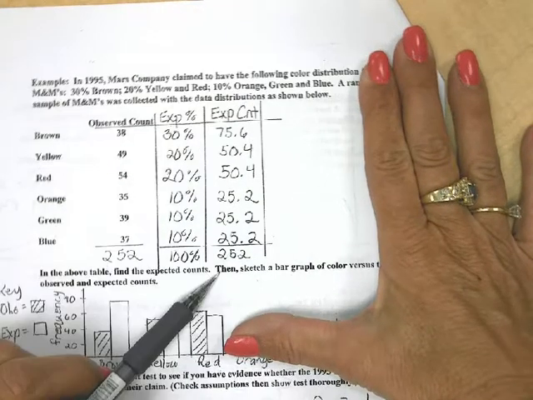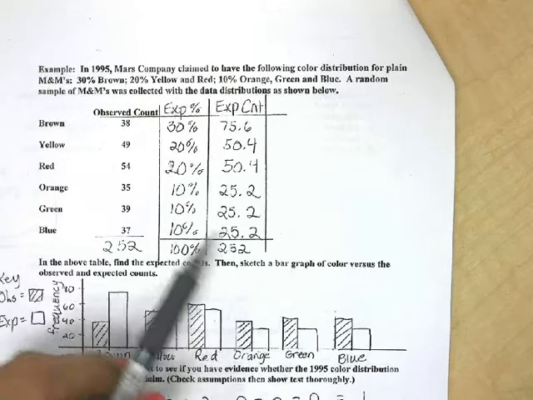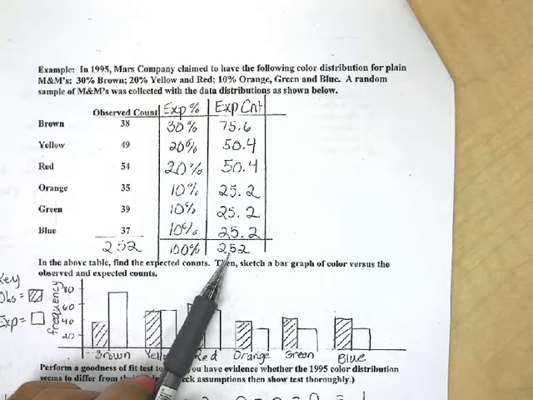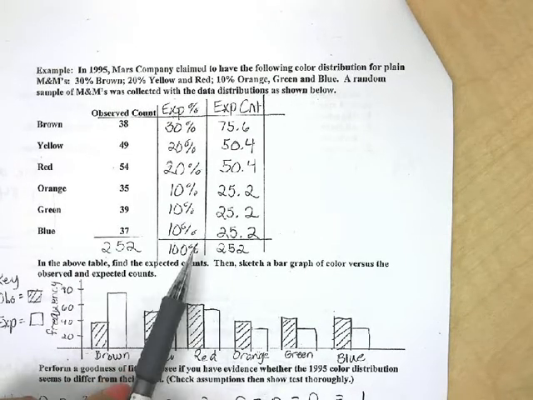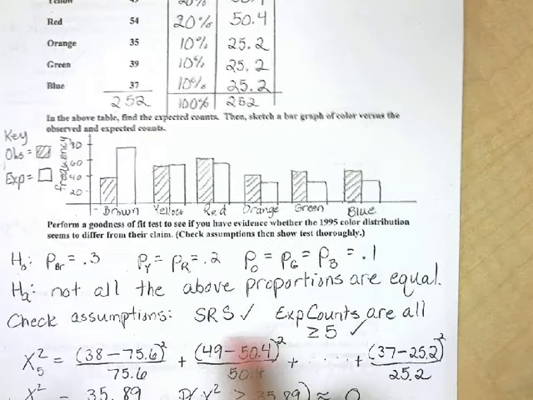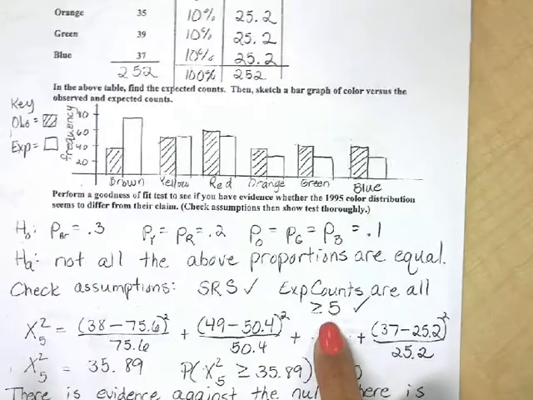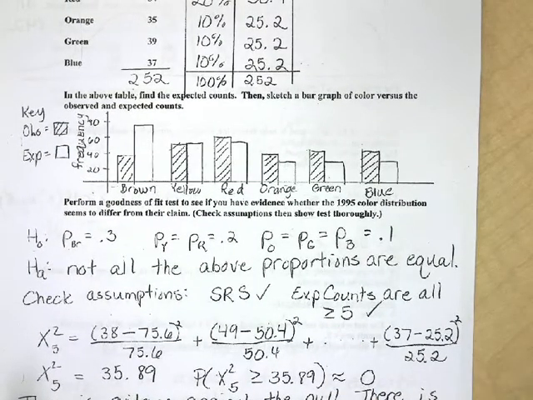The smallest one is 25.2. If you have some categories that are less than 5, that doesn't mean that you can't do the test. It's just if you have a simple random sample and all your expected counts are at least 5, there's no doubt that you can definitely perform the test. And we'll look back at the other information that I had written down when we look at the next example.